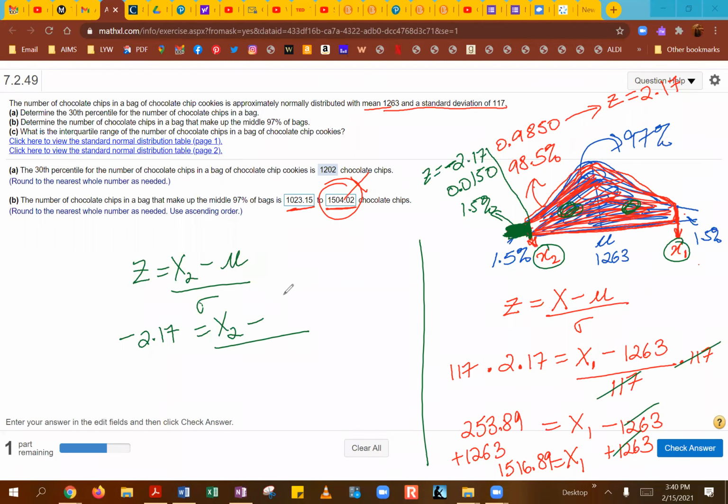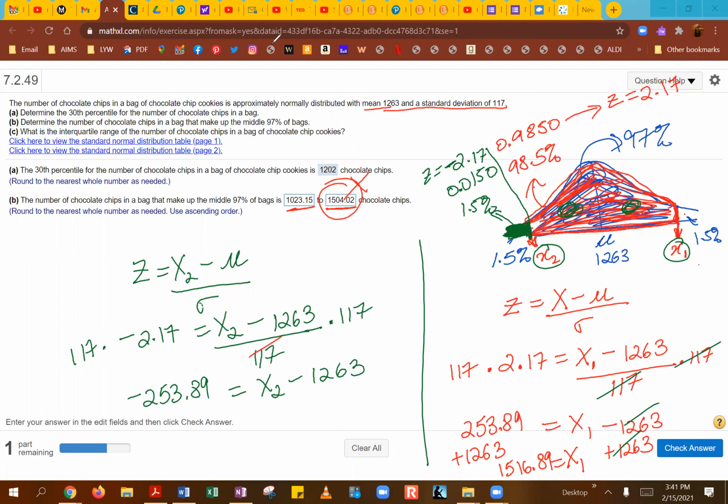Okay, so our mean is 1263. Standard deviation is 117. So just like we did on this side, multiply both sides by 117. So this guy will end up becoming negative 253.89 equals x2 minus 1263.